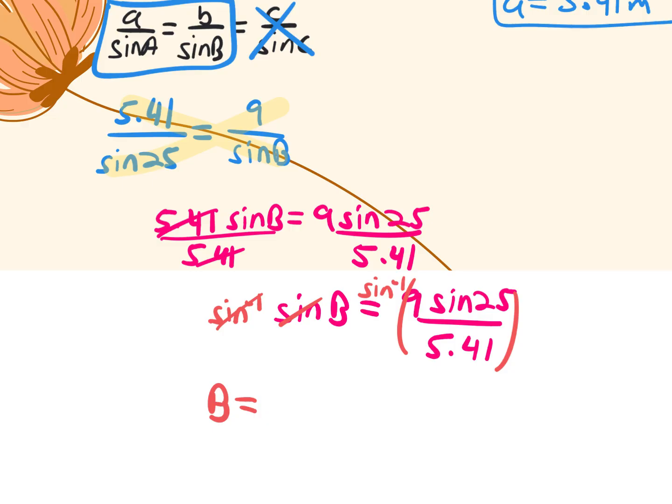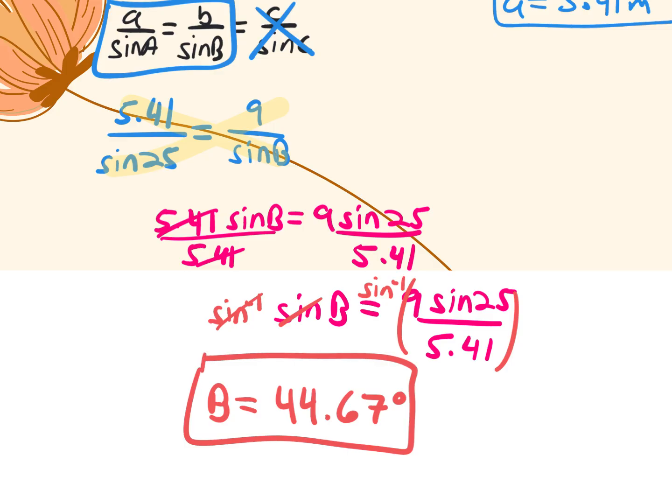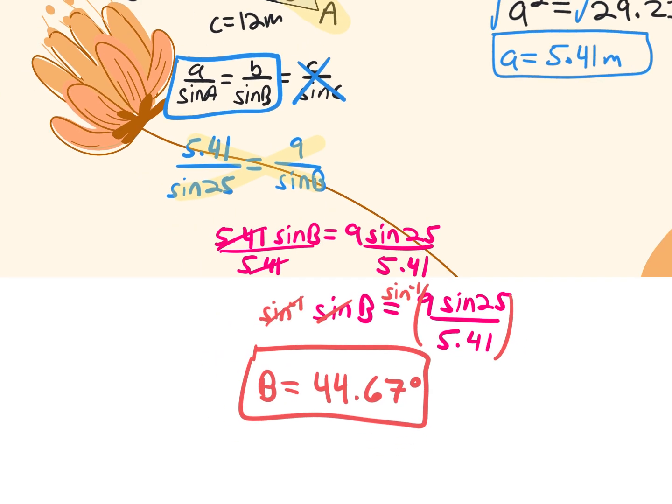So take a second, plug it in. You can type it in exactly as you see it. Again, be careful with your parentheses. But we should get this number for angle B, capital B.